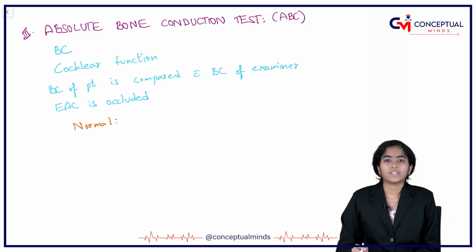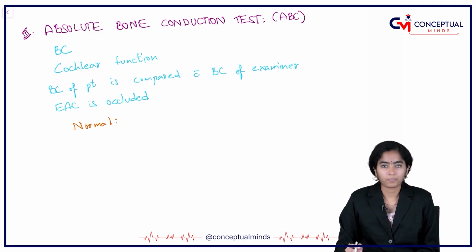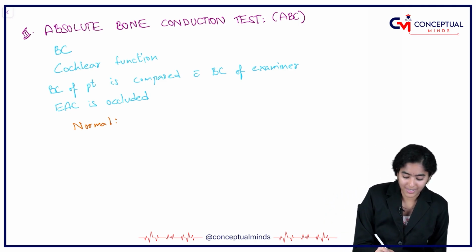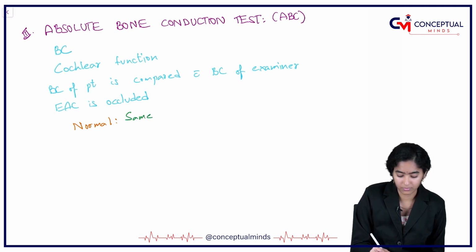What we do is, we take a vibrating tuning fork and put it upon the mastoid antrum of the patient, and take another vibrating tuning fork and put it upon the mastoid antrum of the examiner. And when the bone conduction is normal in both of them, they both hear it for the same duration of time.